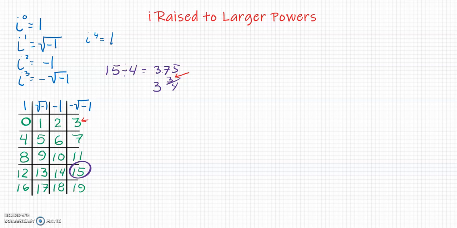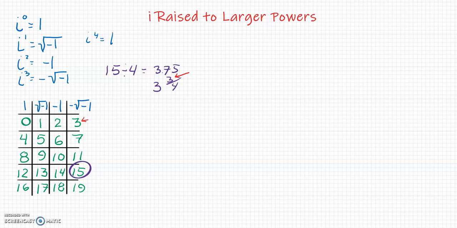This basically says you went through the cycle 3 times, 3 complete revolutions, and you stopped on the third. So look at our table. 1, 2, 3 complete. Now you're left over. That means you're left with i to the third power. i to the third is negative square root -1.